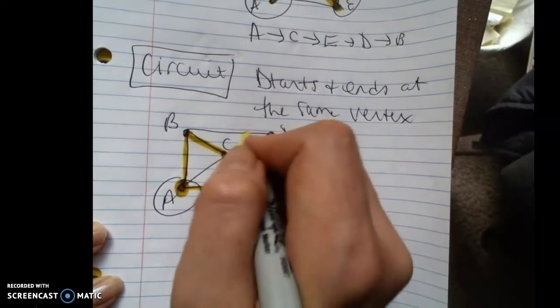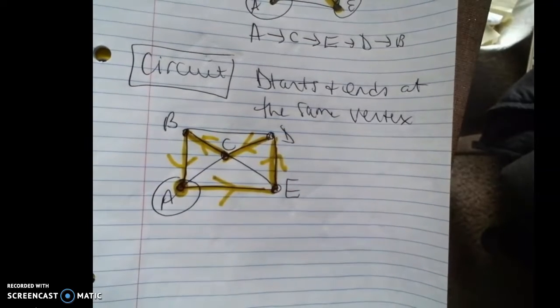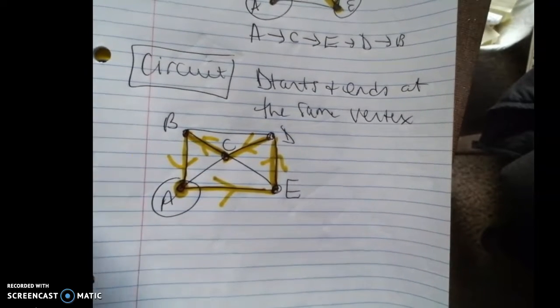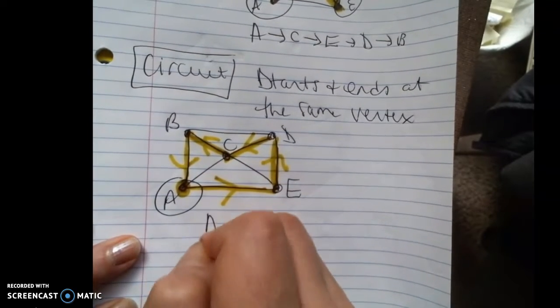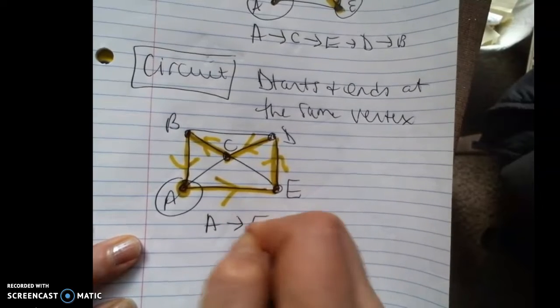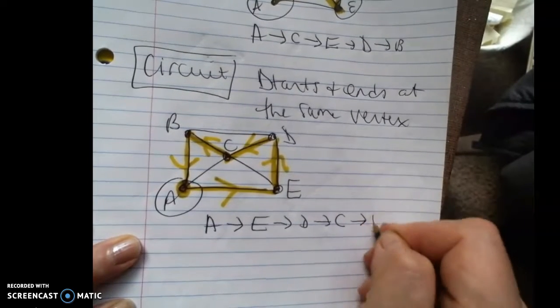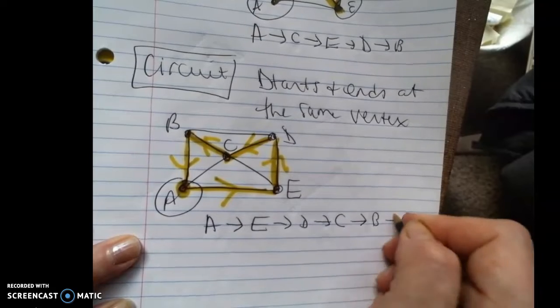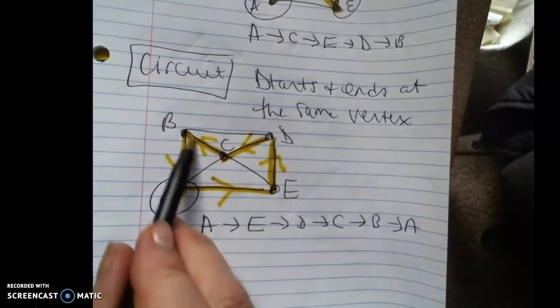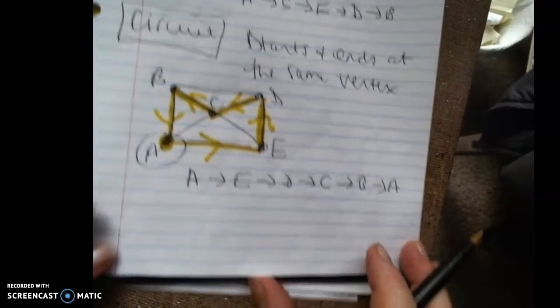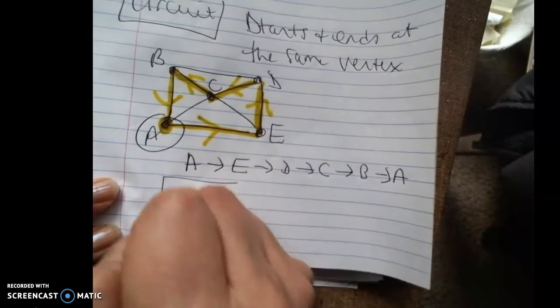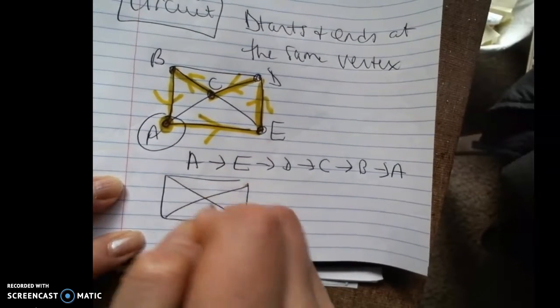And again, there's a special name for that one, but we'll talk about that in a second. A to E, E to D, D to C, C to B, and B to A. And that's a circuit because I got back.